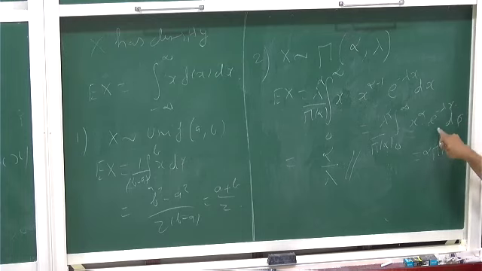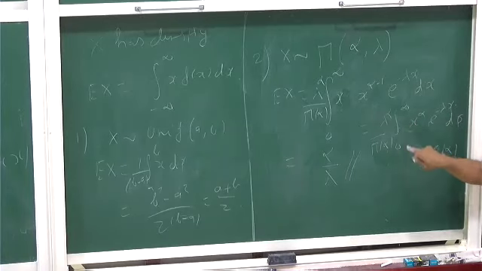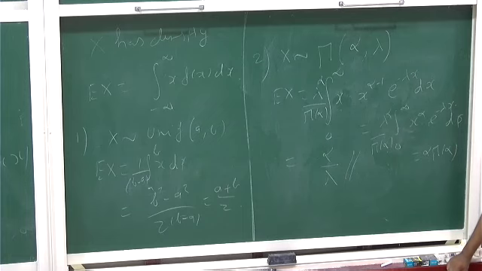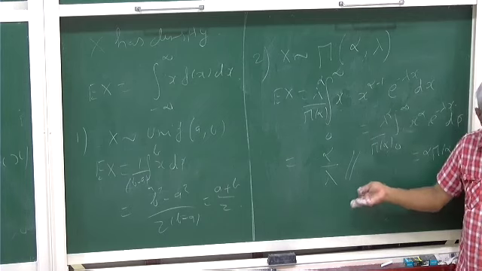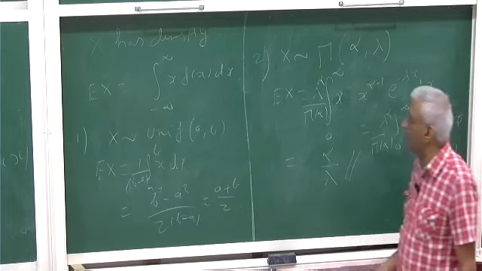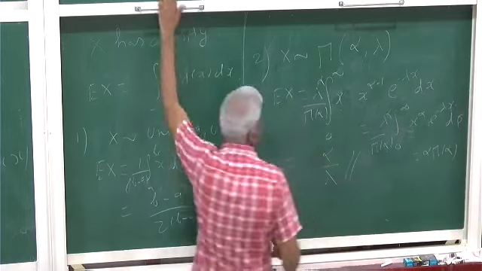You have to change the variable here; you will get a lambda in the bottom. You compute it, these are all just integration. This is just alpha by lambda. So now you can compute for the exponential distribution that the mean is just 1 by lambda.